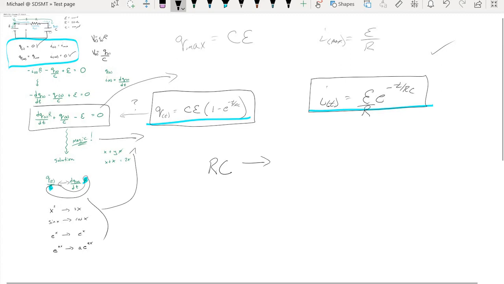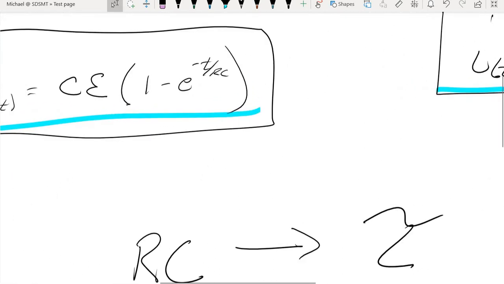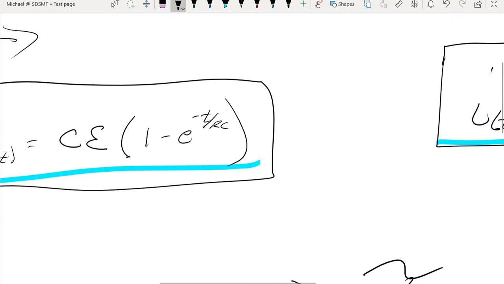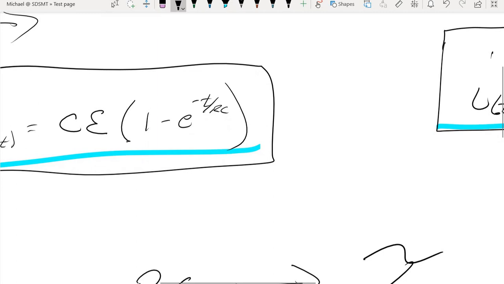And RC is given the name tau. And this is called the time constant for the circuit. The larger the ratio of RC, the more it's going to affect the time dependency of this function. In fact, whenever you have anything raised to a power, that power is supposed to be unitless.